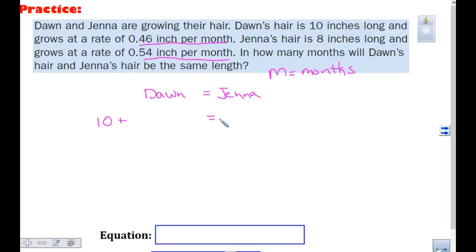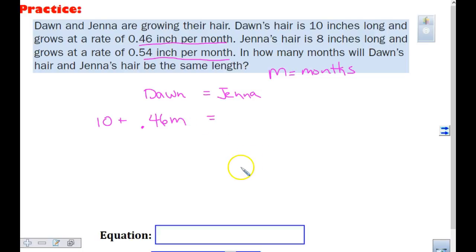Write yours, check with your shoulder partner. We should have a variable with one of the numbers, right? I should have a variable with my decimals because that's how much per month, right? So the 10 plus, this is going to be 0.46.